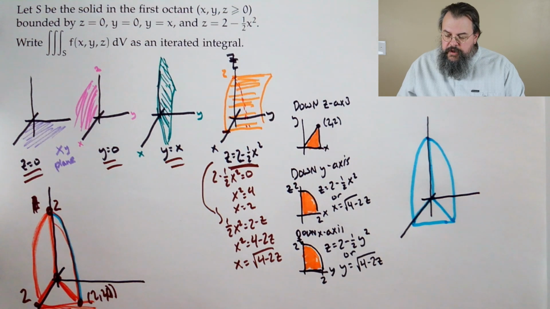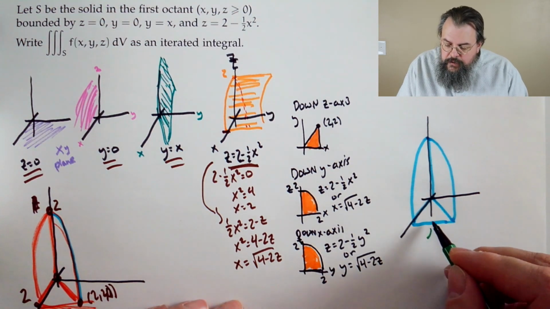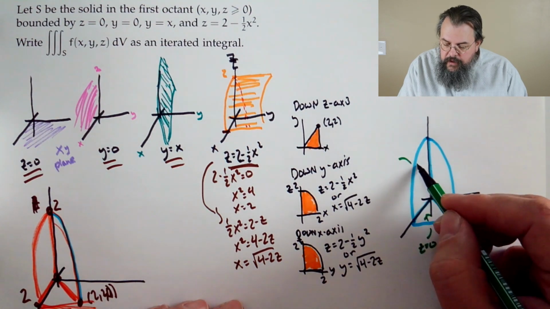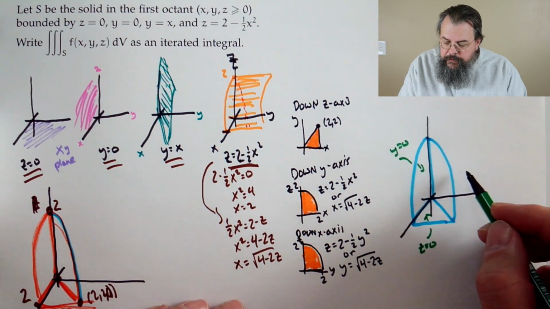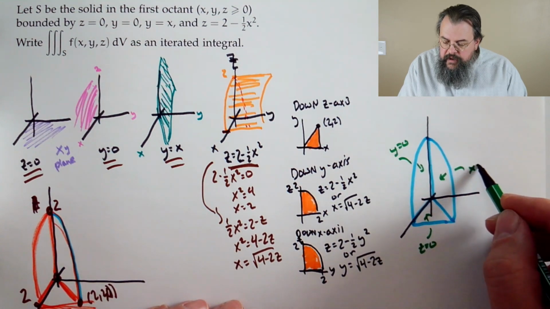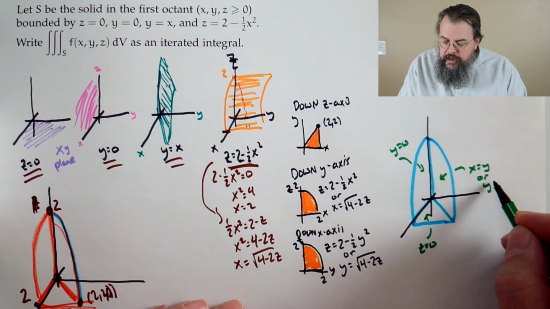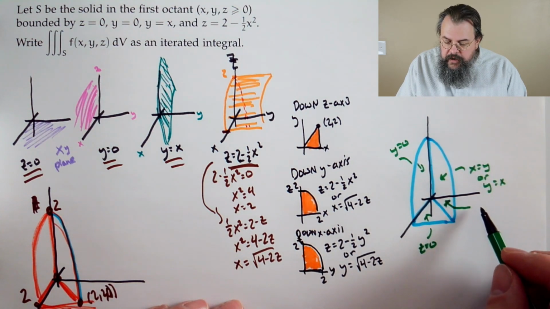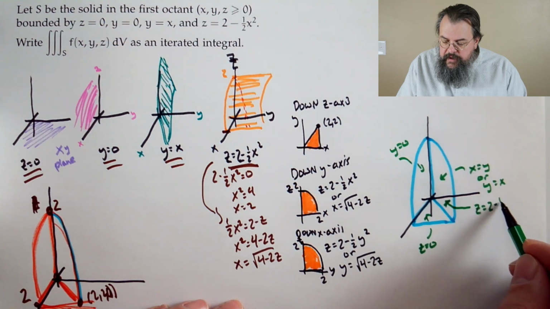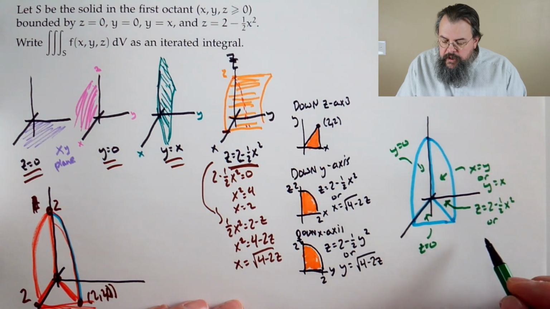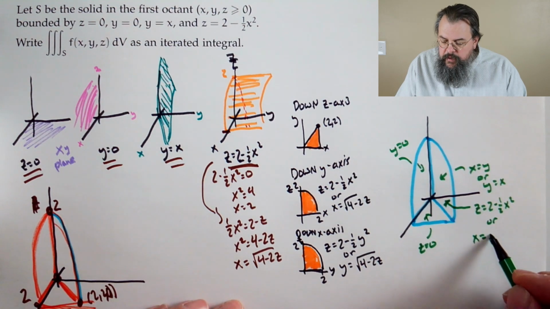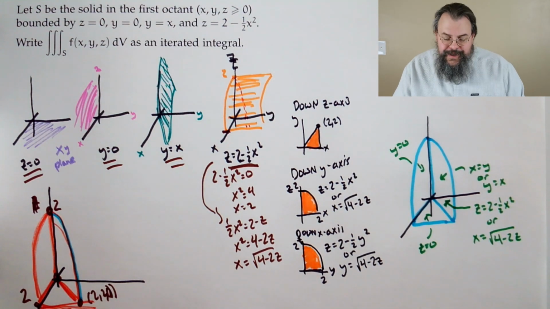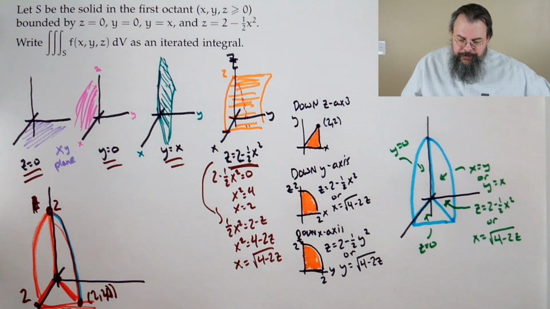I'm going to do that here really quickly. z equals 0. y equals 0. This is x equals y, or y equals x. And then, of course, this front plane, this is our z equals 2 minus 1/2 x squared, or x equals the square root of 4 minus 2z. All right, so here we go.